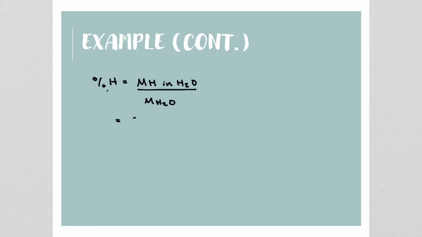So that's equal to 2.02 divided by 18.02 grams per mole. We perform that calculation and times by 100. Forgot that part up here too. You perform that calculation and you get 11.2% hydrogen by mass.